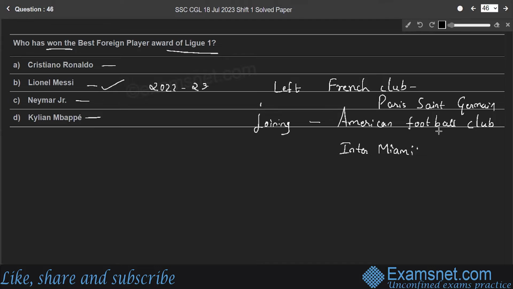So therefore, option B is the right answer. Lionel Messi has been awarded the best foreign player award of League One.